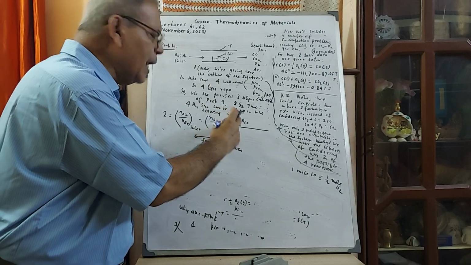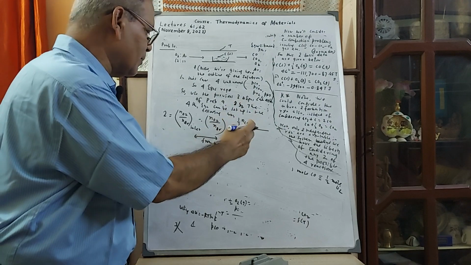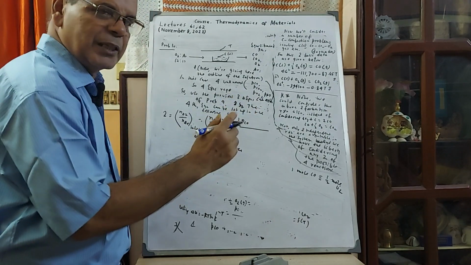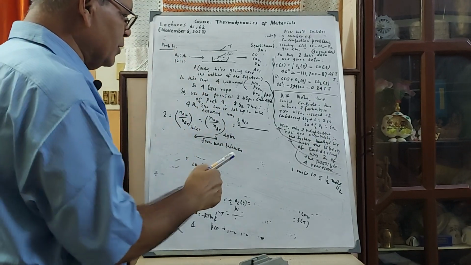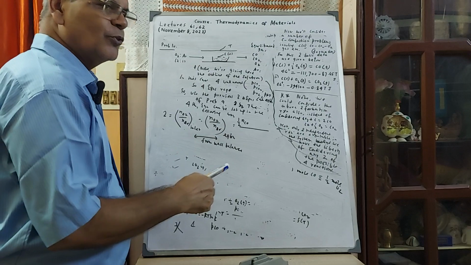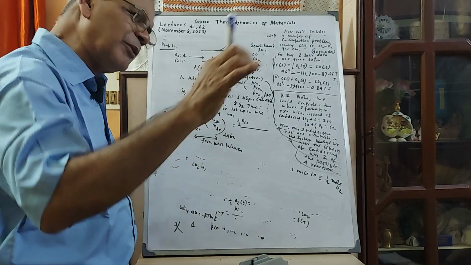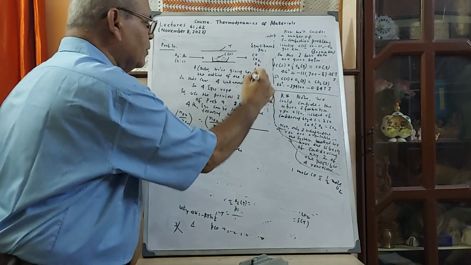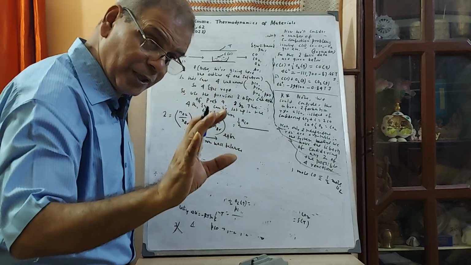So NCO gives how much oxygen? NO2 half as much, because 1 mole of CO contains half mole O2. Carbon is there, but O2 wise I'm talking. Half mole O2. So how many moles are here? This is PCO. NCO moles are at equilibrium.